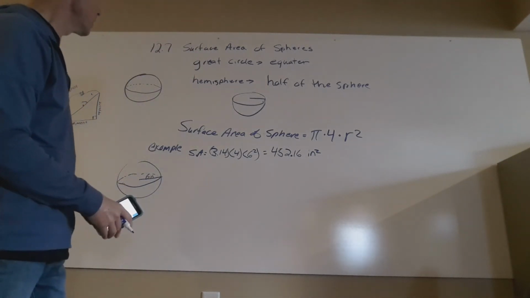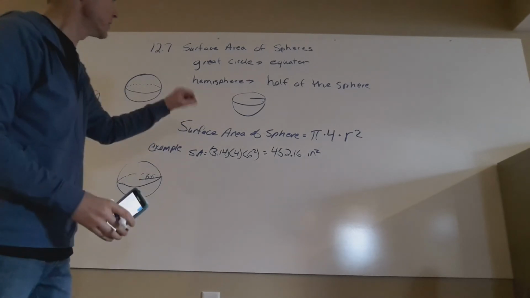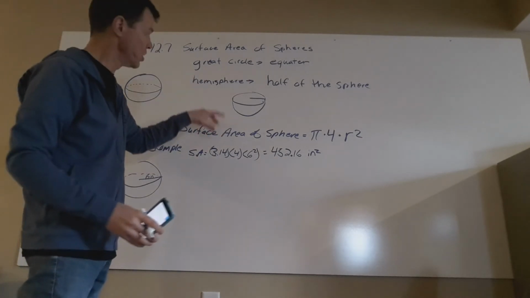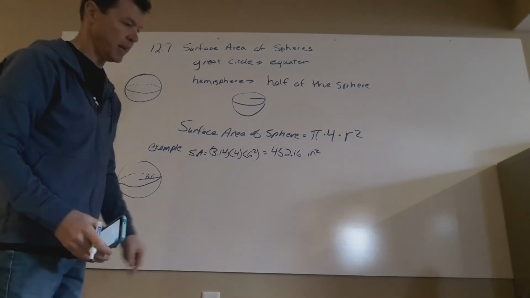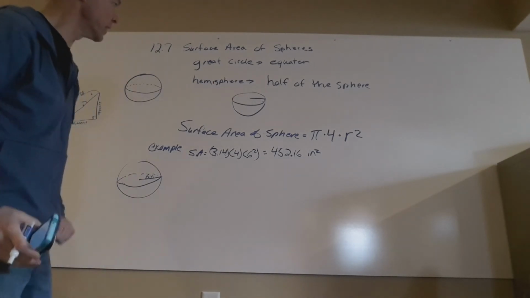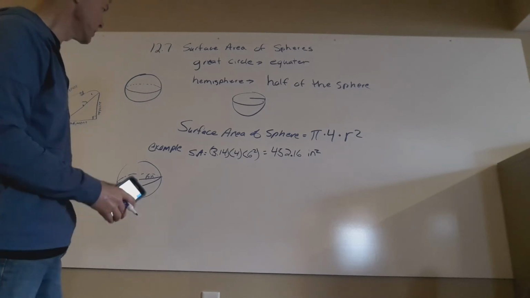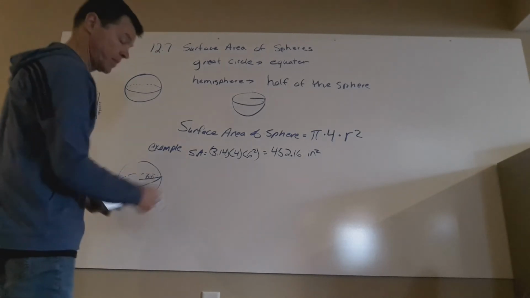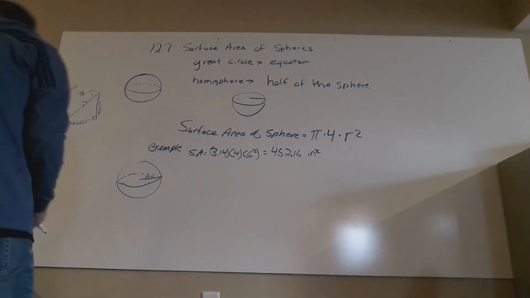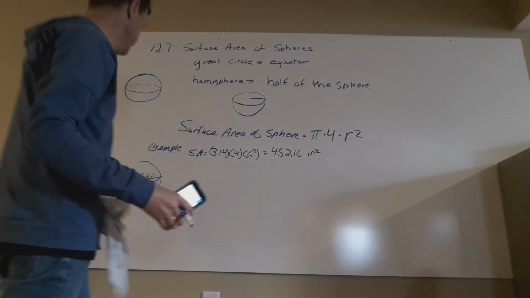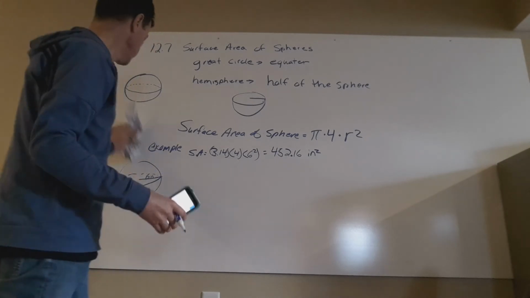If we were to look at the surface area of a hemisphere, you would just find the area of the half sphere, and then also add the area of the flat circle on top. All right, let's do an example of finding the surface area of a hemisphere.